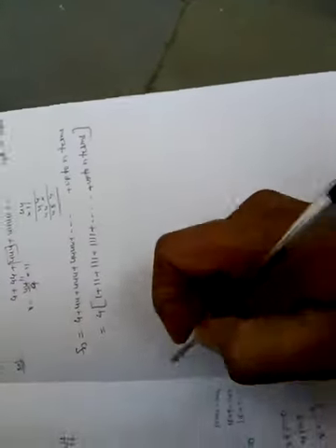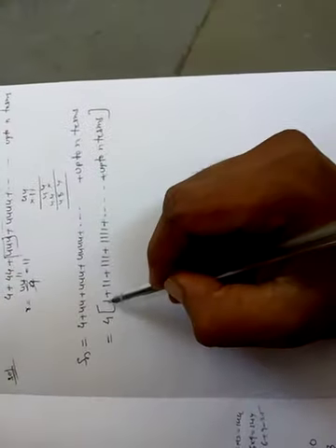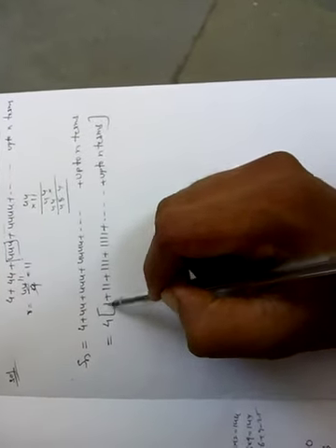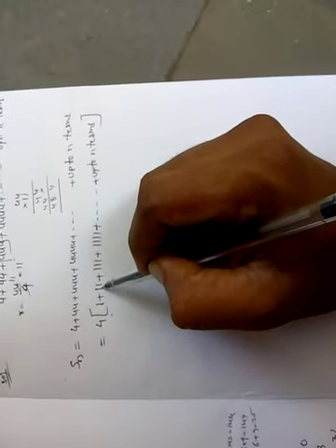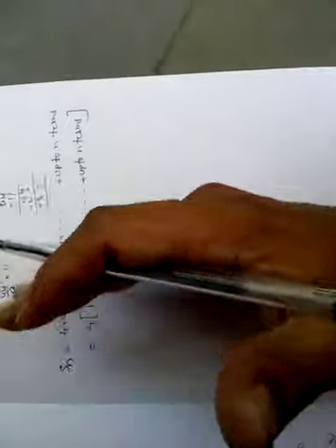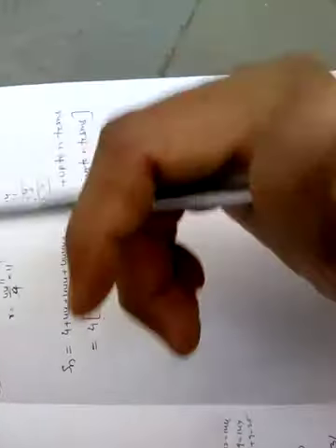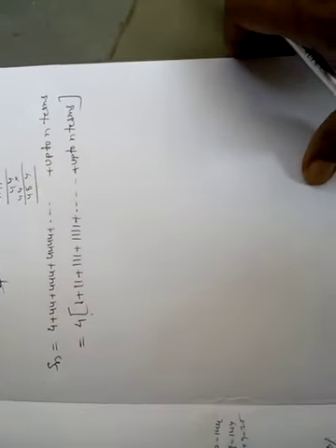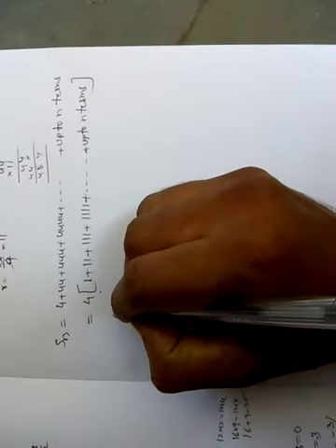Now multiply with 9. Why? Because 9 can be written as 10 minus 1, 99 can be written as 100 minus 1. So we get 10, 100, 1000, 10,000 like that, which is a GP series.